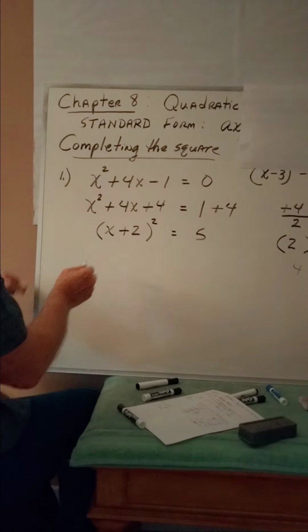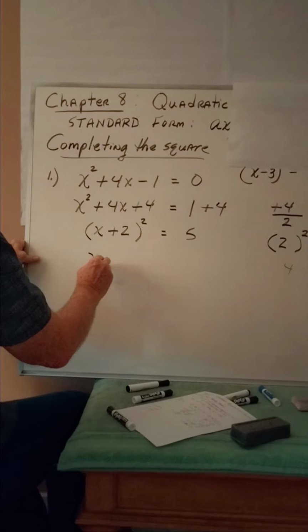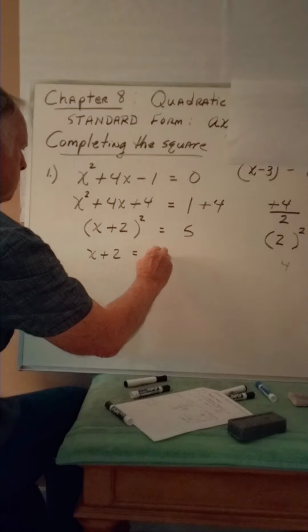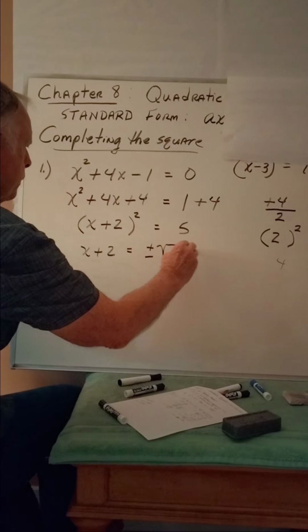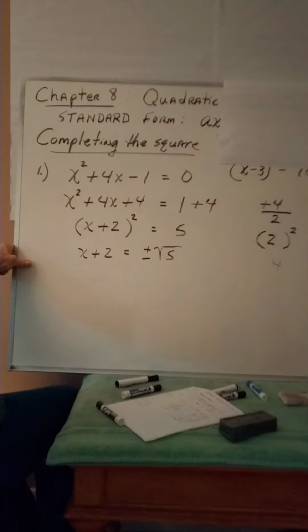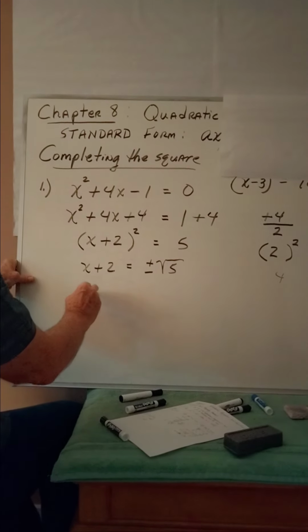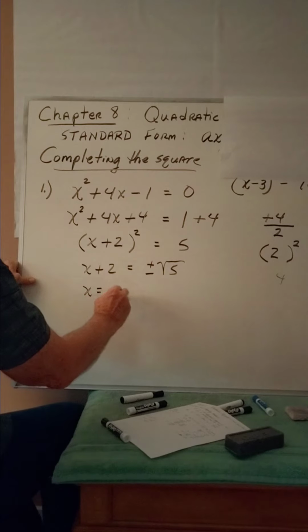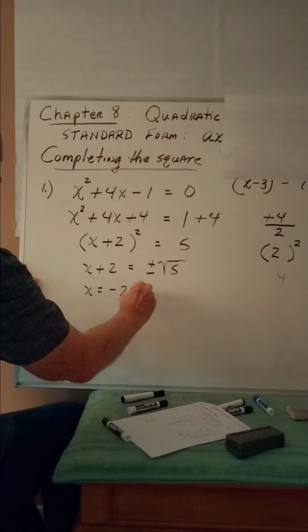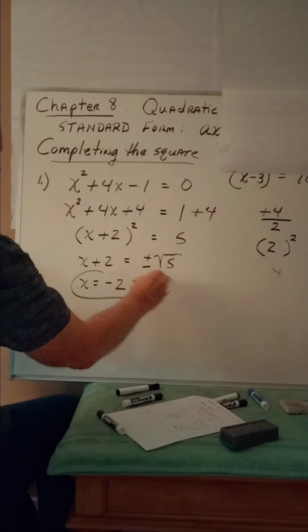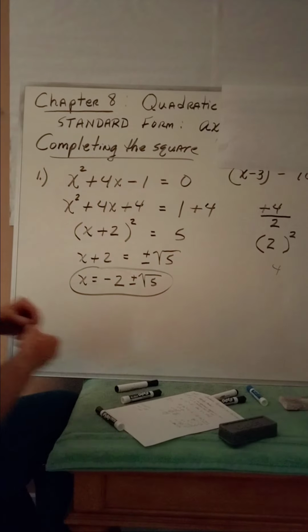The square root of the x plus 2 squared, x plus 2 is equal to plus or minus root 5. 5 can't be simplified, so we'll move the 2 over and we'll get x is equal to negative 2 plus or minus root 5, and we have our solutions.